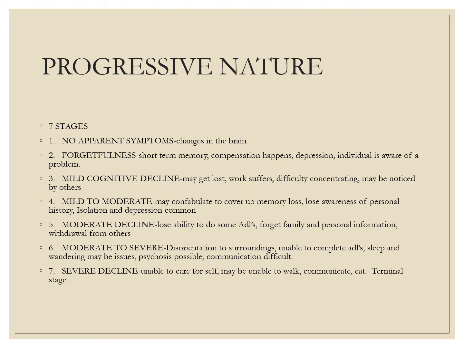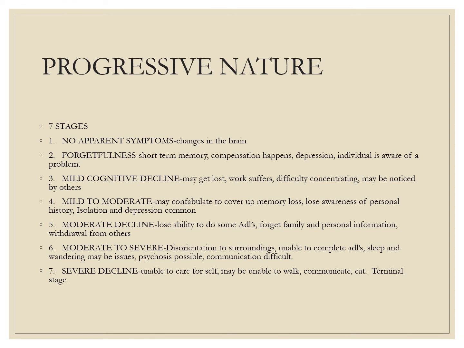Start with forgetfulness, problems with short-term memory. People compensate. Maybe they make lists. Maybe they get a calendar, things like that, just to try to deal with that short-term memory loss. You may see depression, and the individual knows that something is going on with them.